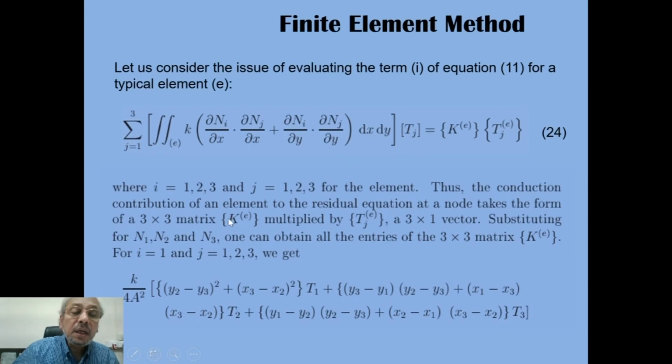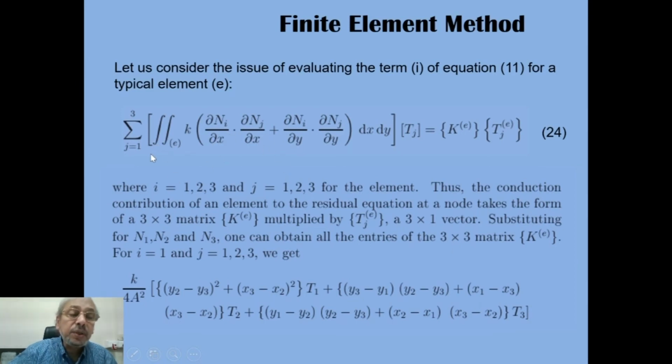Thus the conduction contribution of an element will be basically a matrix, which we can call the conduction matrix at the moment. So it is Ke multiplied by a column vector T1, T2, T3. Now substituting N1, N2, N3, one can obtain all the entries of this 3 by 3 matrix.